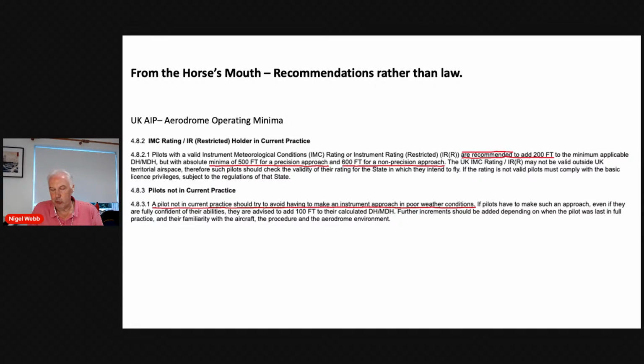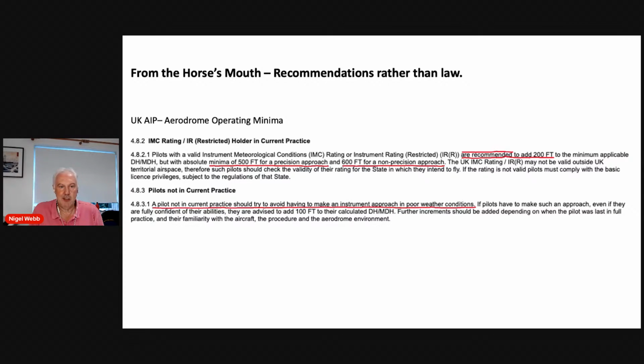This means that if you're relying on 500 feet as your minimum decision height, there will be occasions when, for want of descending another 50 feet, you would be able to see the runway and you'd still be perfectly legal to land because the visibility will be above 1,500 meters. So the 500 feet and the 600 feet, key point here, these are advisory.